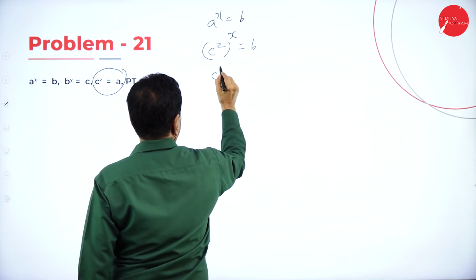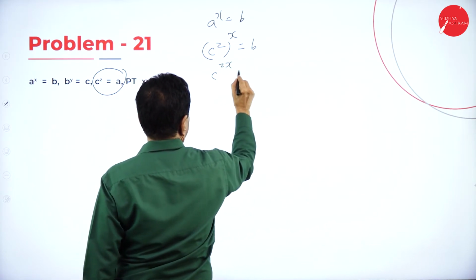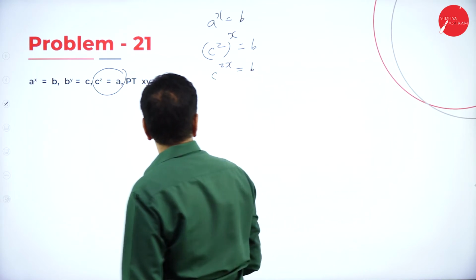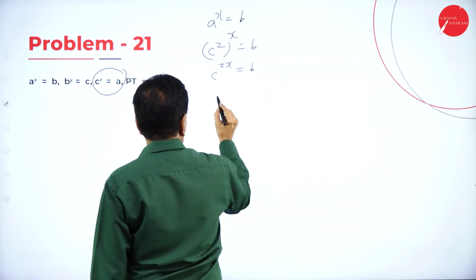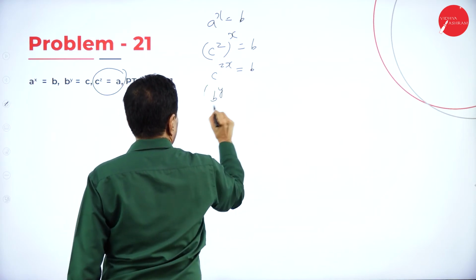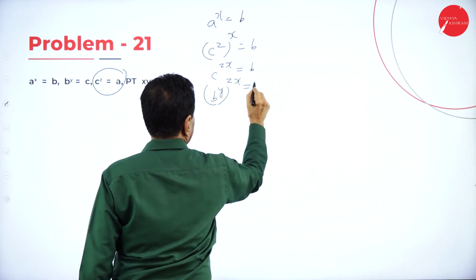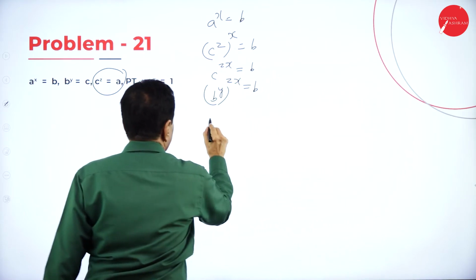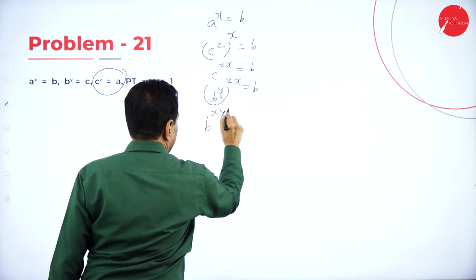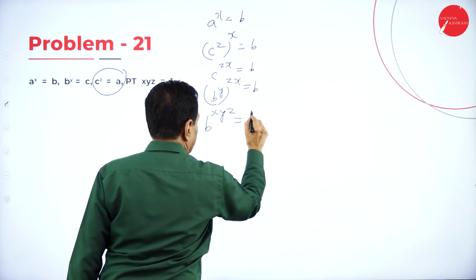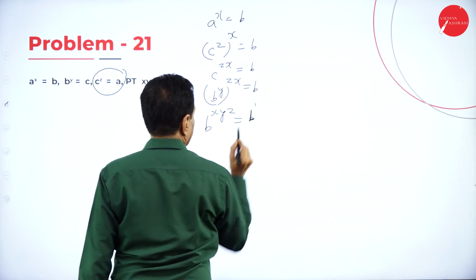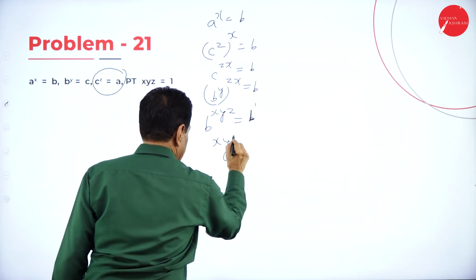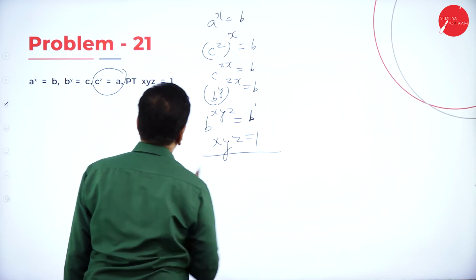This is c to the power of zx is equal to b. What is c? b to the power of y, to the power of zx, is equal to b. This is nothing but b to the power of xyz is equal to b. Therefore xyz is equal to 1.